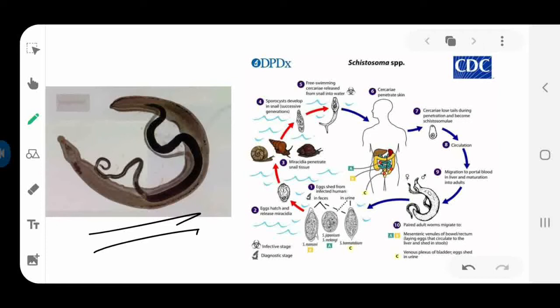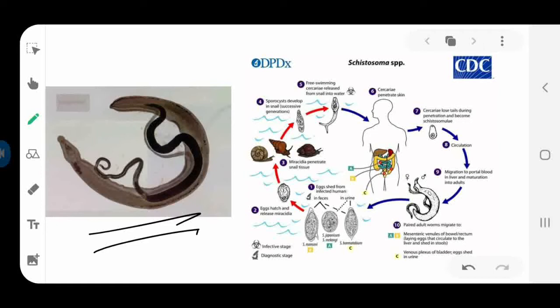Now let's talk about pathogenesis. Adult Schistosoma worms live and copulate within venules of the mesentery or bladder.